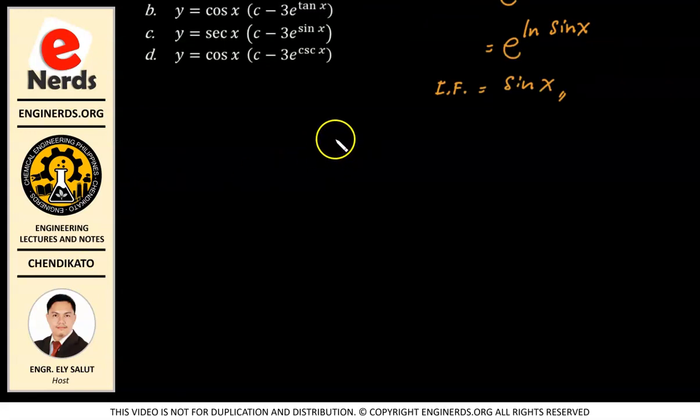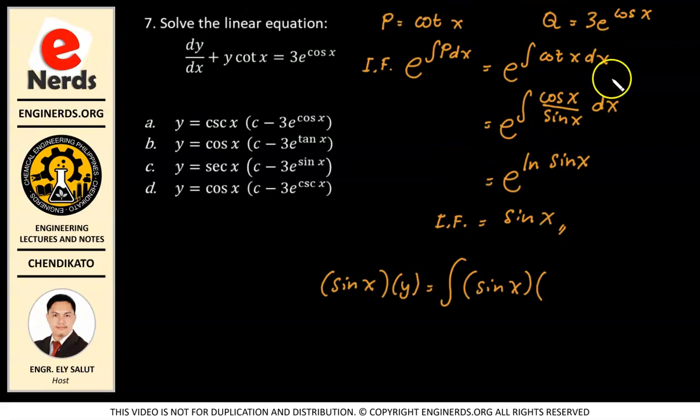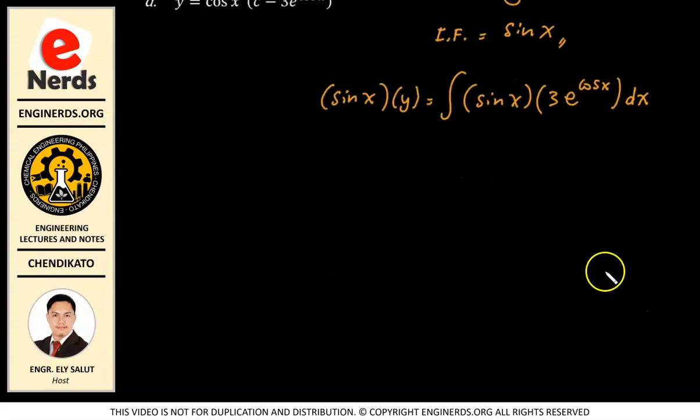Now let's proceed in solving our differential equation. On the left side, we will have our integrating factor sine x multiplied to y, which is equal to the integral of sine x times our q, which is 3 e to the cosine x dx. Having that, we can take the derivative of cosine x, which is equal to negative sine x.